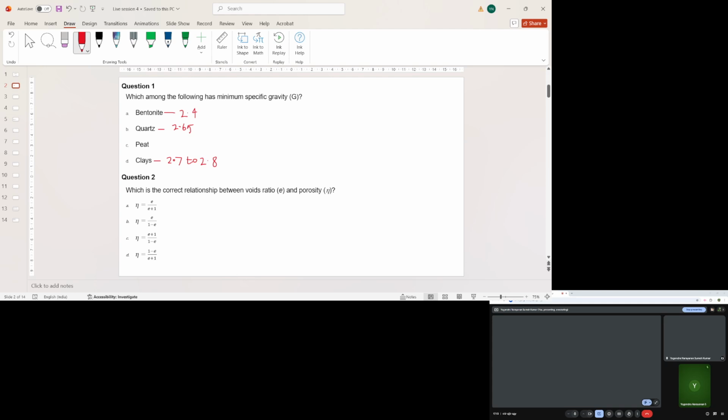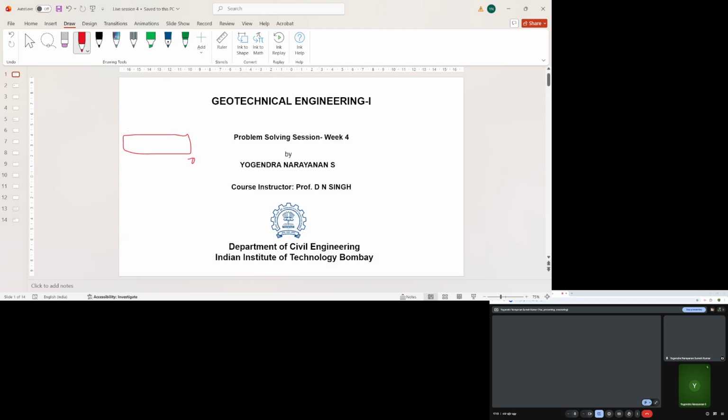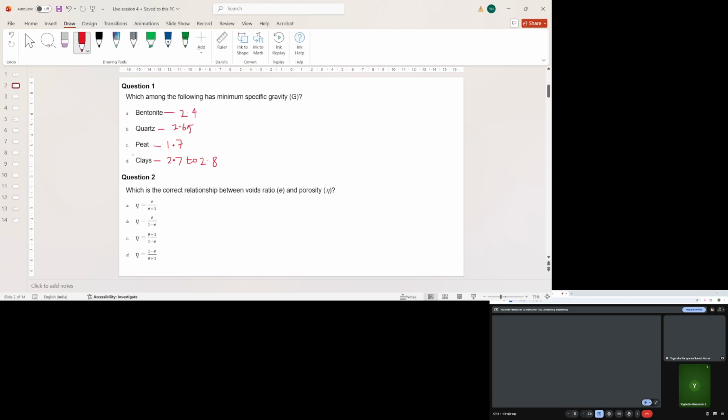Peat is usually pure organic soil, so its specific gravity varies; it's around 1.7. Hence, among the following, peat is lesser in specific gravity due to the presence of heavy organic nature.